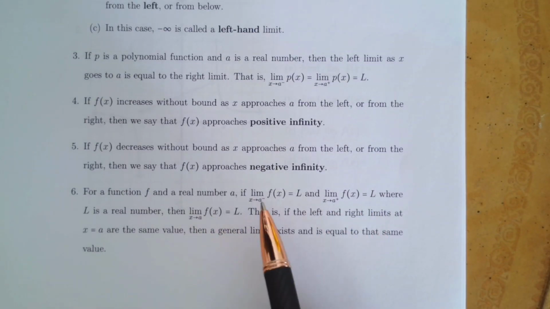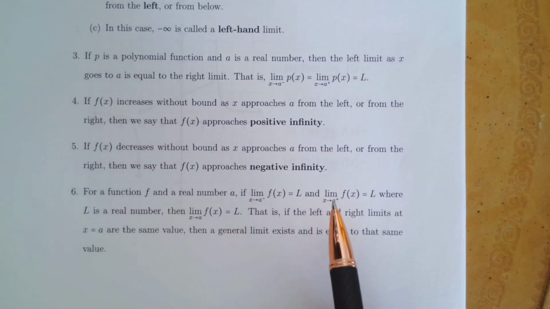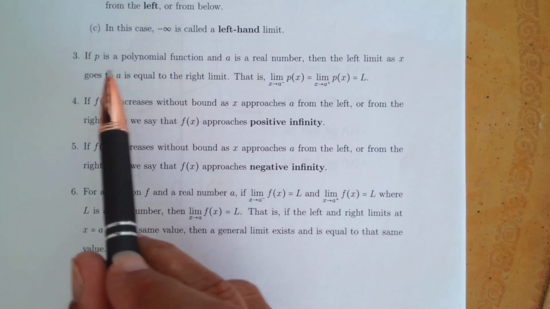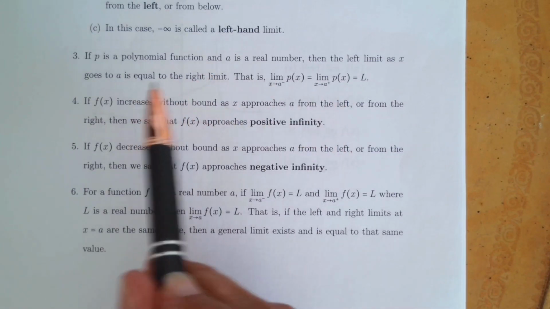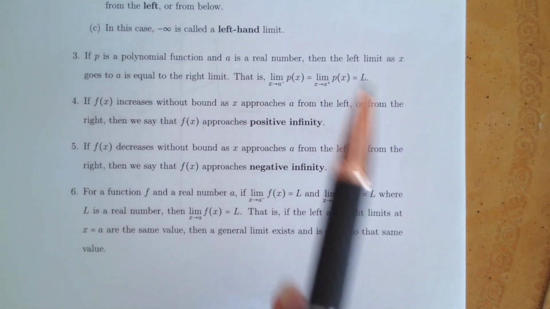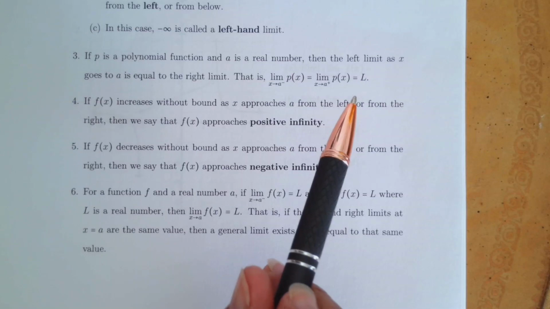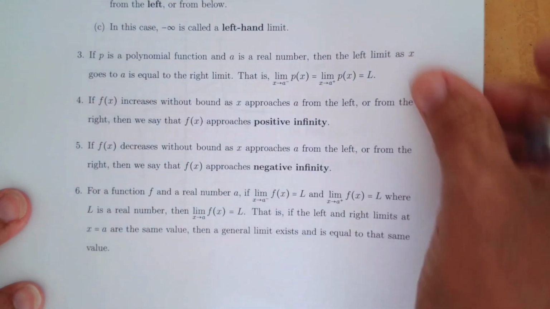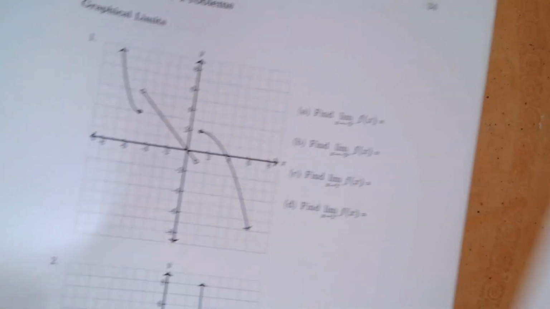So pay attention. This is from the left, this is from the right. This means check both sides and make sure they're the same. Unless, of course, you have a polynomial. If you have a polynomial, then you know it's equal. You don't have to do both sides. That's what number 3 says. Okay? All right, so let's work some problems and see how we do with that.